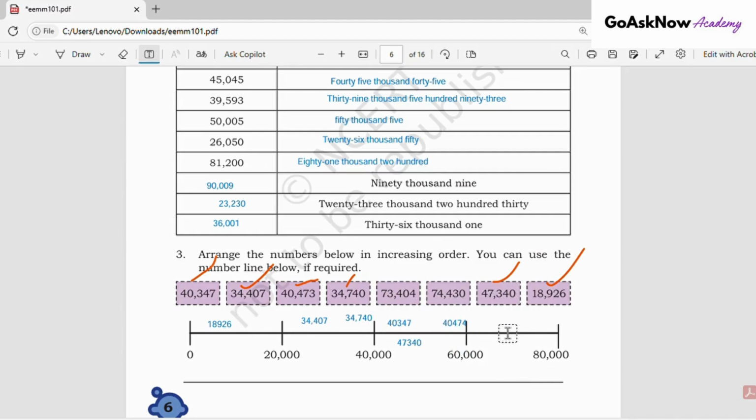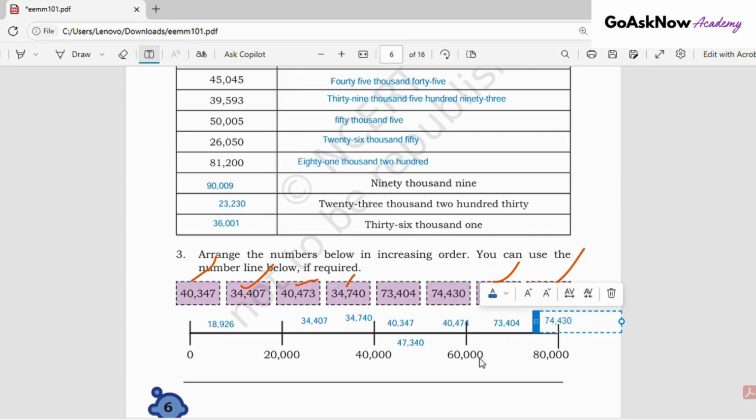Here the two numbers which come under this category are 73,404 and the next number is 74,430.